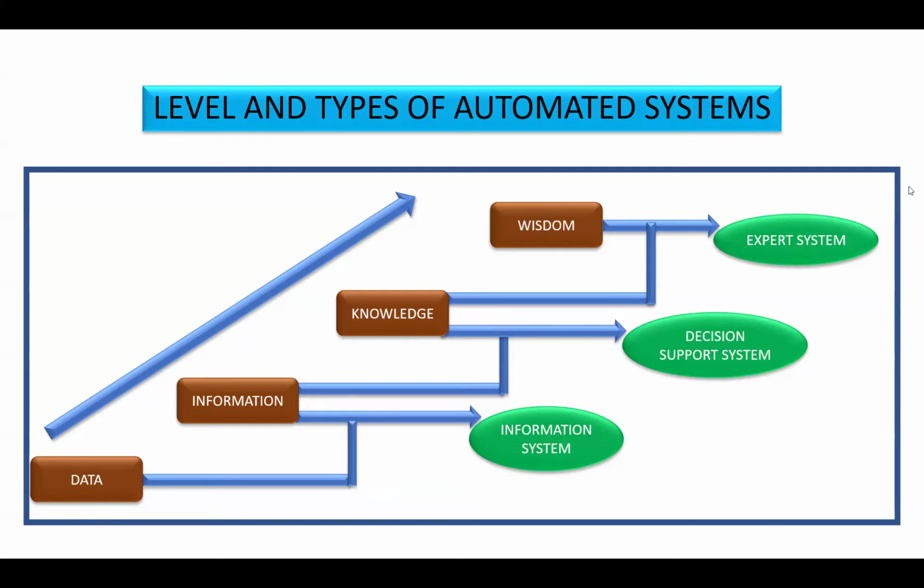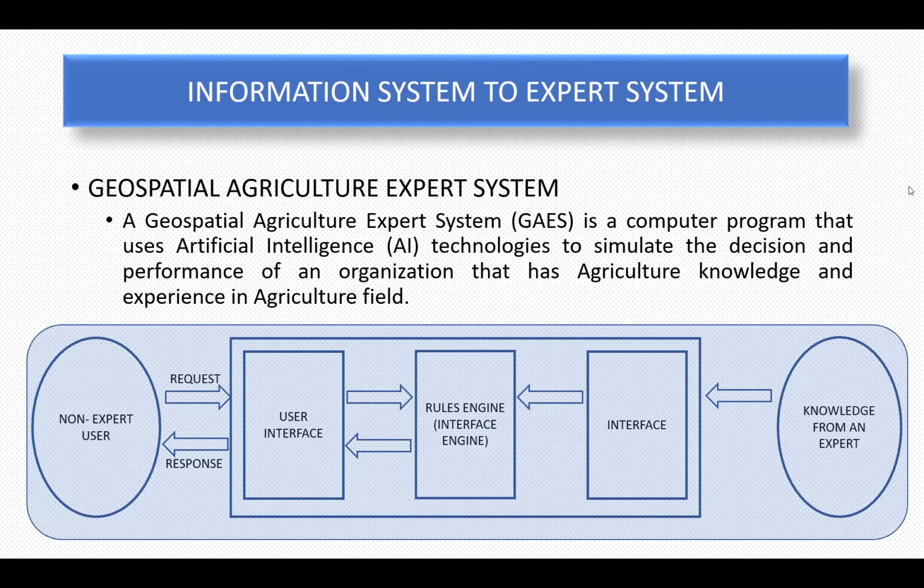But what is happening behind that is the user puts a request, it gets into the user interface, then goes to the rule engine and it finds a similar kind of answer from there and then comes back with a response and gives it. But in the background, a lot of experts are putting in their expertise and their answers for similar kinds of questions.